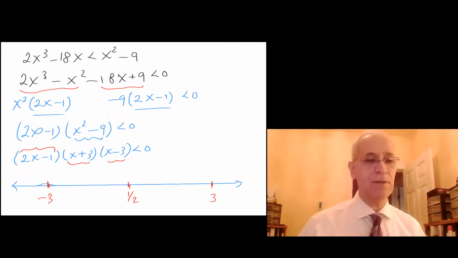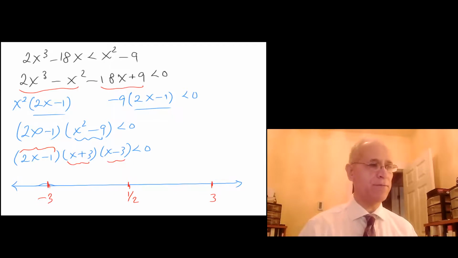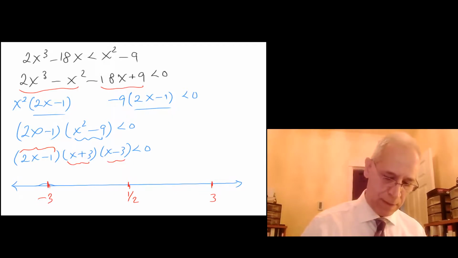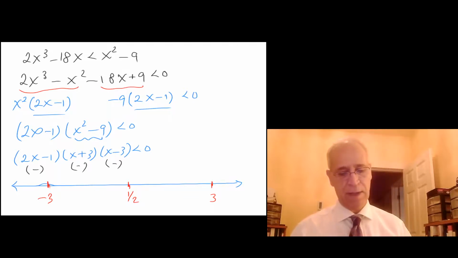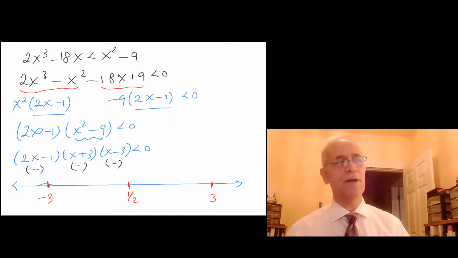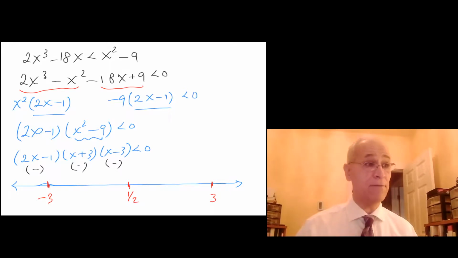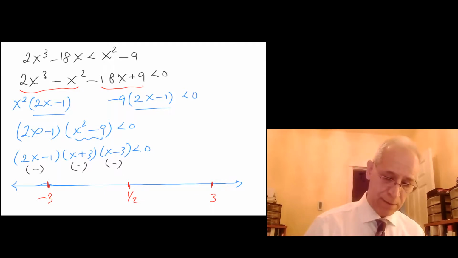Now, let's test a number to the left of negative 3, let me say negative 4. If I plug in negative 4, the first parenthesis gives me a negative number. The second parenthesis gives me a negative number. The third parenthesis gives me a negative number. And negative times negative times negative is negative, and a negative value is smaller than 0.